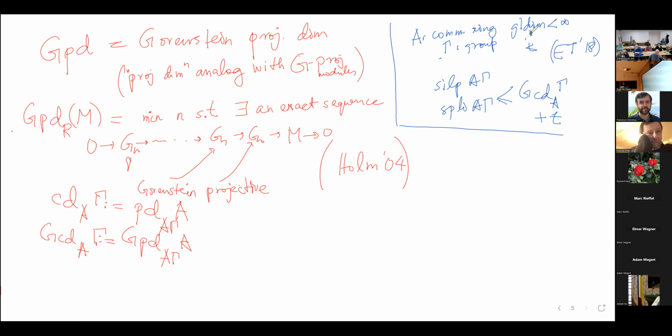Then I will talk about my original contributions to this project, to this question of the relationship between Sylv, Splf, and other invariants. For that second part, I'll have to define quite a few new invariants, and I will say how they are all related to each other in a very neat way, again without any hidden assumptions on my ring of coefficients A.